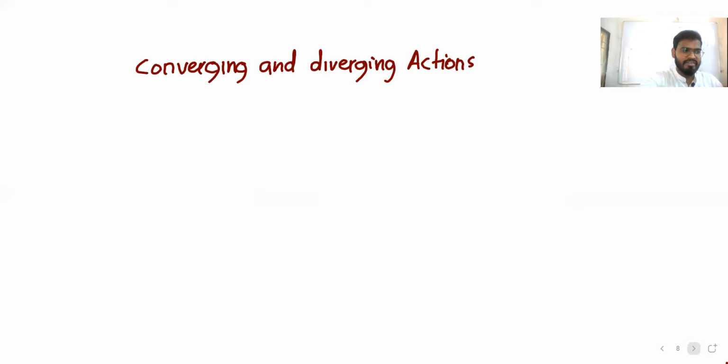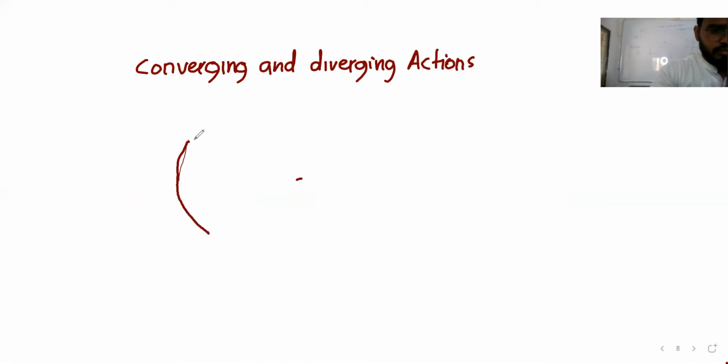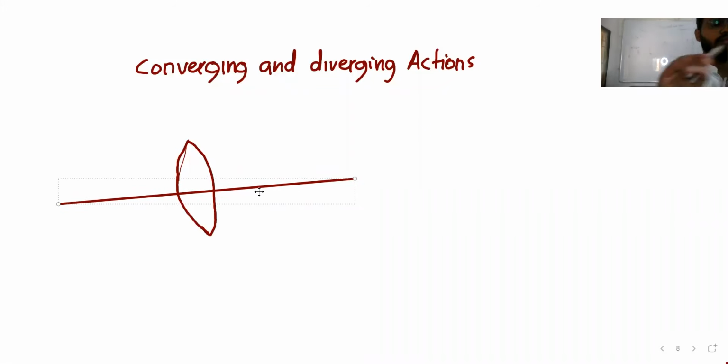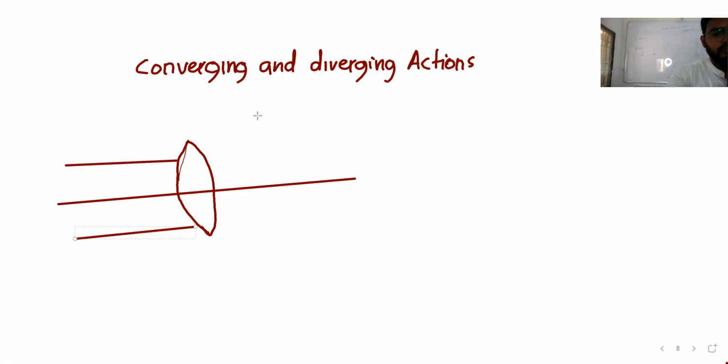Now converging and diverging action we are going to see. So let's draw it properly first. For this, we can say a ray of light parallel to the principal axis will meet at the focus, right?